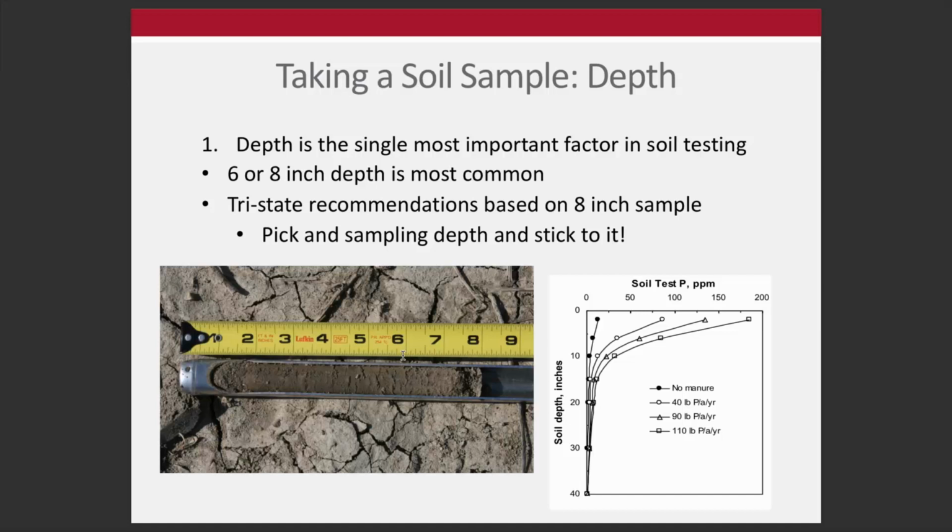Taking a soil sample, depth is really, really important. If we don't have consistent depth, then we have a very difficult time understanding what those values actually mean. So this idea is soil stratification, which we've talked a little bit about before. Stratification means nutrients at the surface of the soil occur in greater concentrations than as you go through depth, and this is a very common thing that happens in managed ag systems and in natural systems.